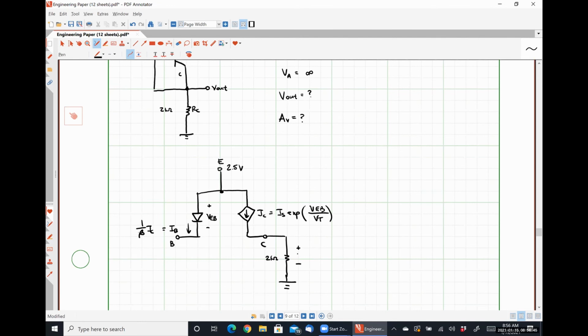And this is my voltage, V out. And then between my base and my collector, I have a short circuit.